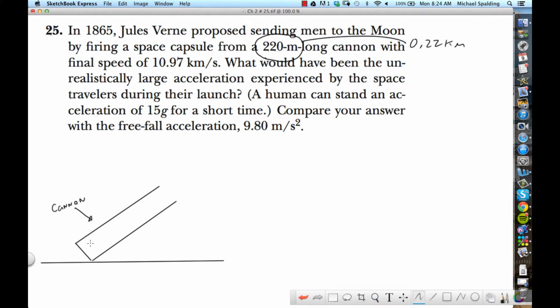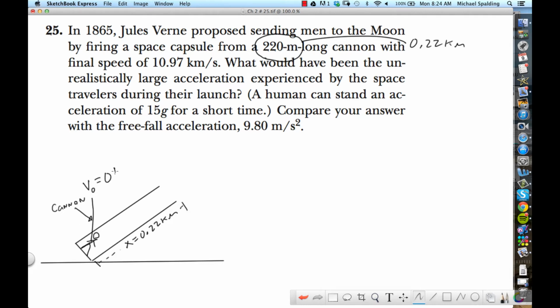So let's put a dude inside the cannon. The length of the cannon, which we'll call x, is 0.22 kilometers. What's the starting velocity of this guy? V initial before being launched, 0.